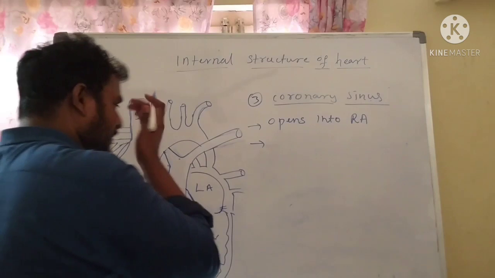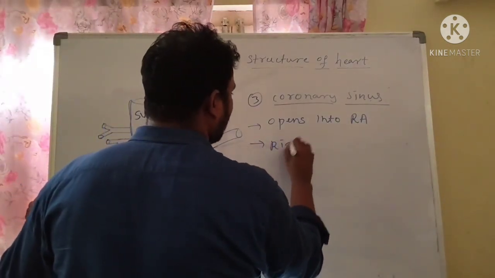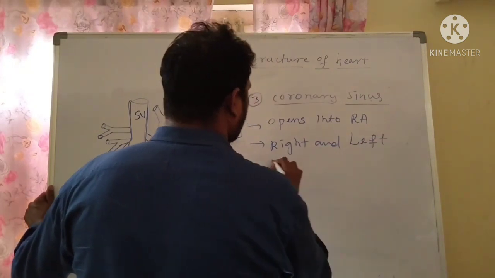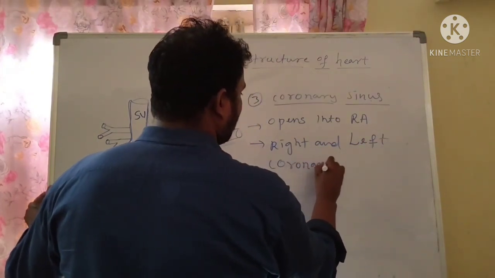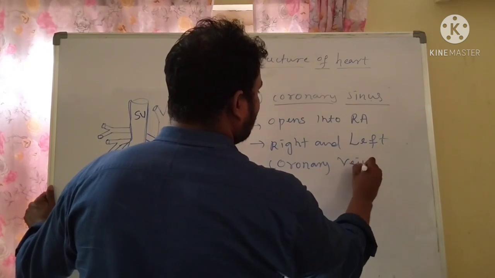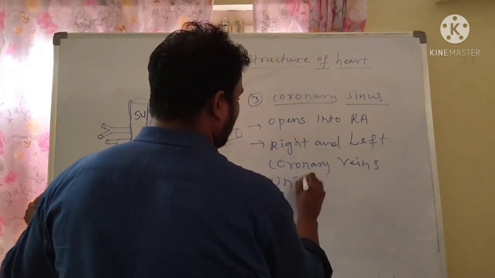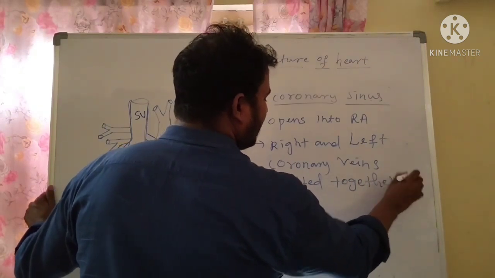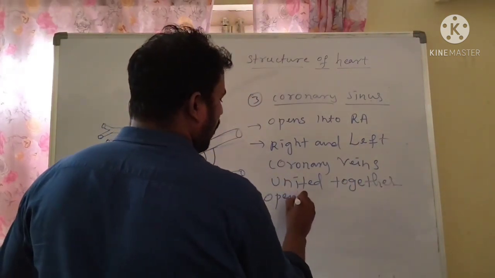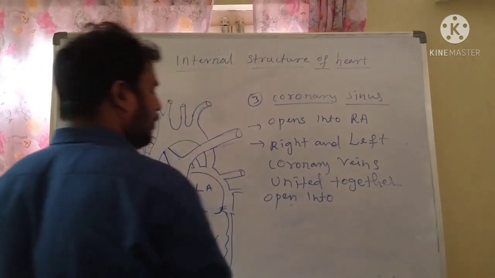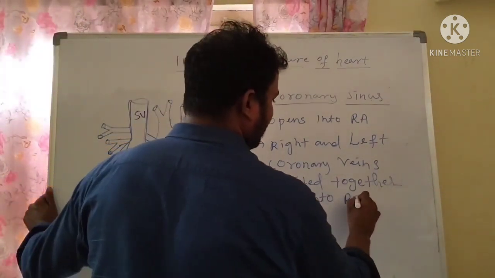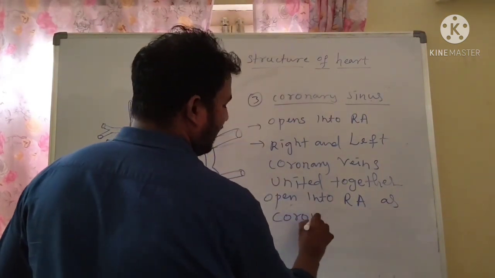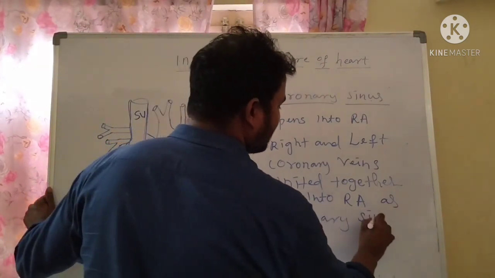And the right and left coronary veins, united together, open into the right auricle as the coronary sinus.